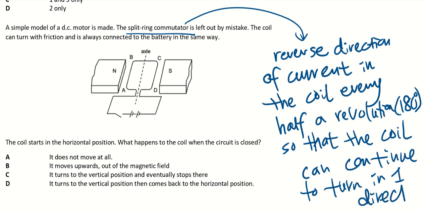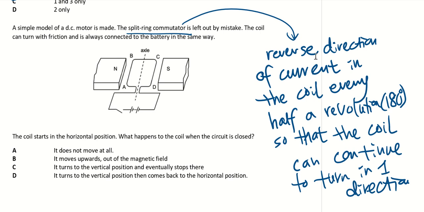So the function of the split ring commutator is to reverse the direction of current in this coil every half a revolution, 180 degrees. This is so that the coil can continue to turn in one direction.